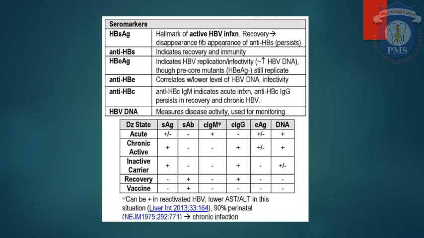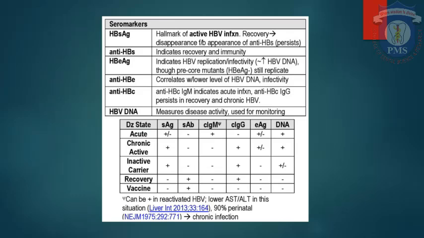First is HBs antigen. It's the hallmark of active hepatitis B virus infection. During recovery, the disappearance of HBs antigen and appearance of anti-HBs persists. Anti-HBs indicates recovery and immunity. Next marker is HBe antigen, the hepatitis B virus precore antigen, which indicates hepatitis B virus replication or infectivity.